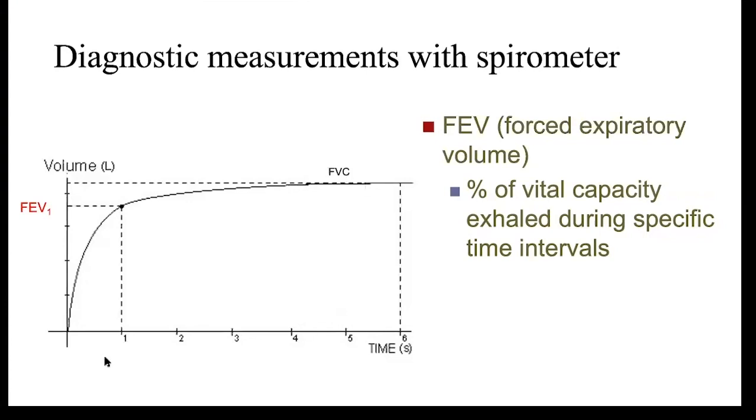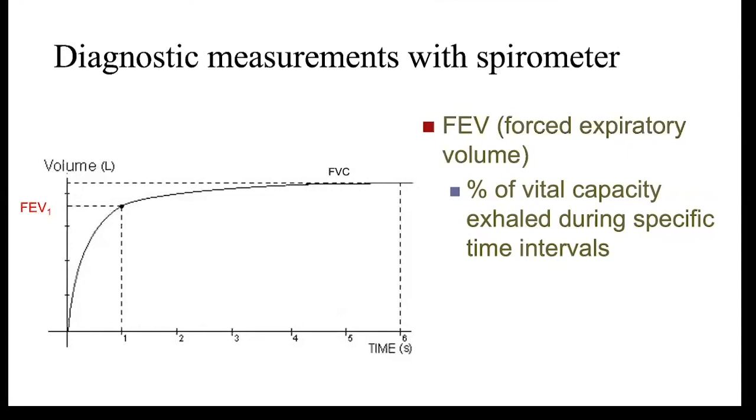To determine the FEV1, you'll go to the 1 second on the x-axis, draw a line up to the data graph, the point here, until it intersects. From there, draw another line over to the y-axis to see what the volume is.